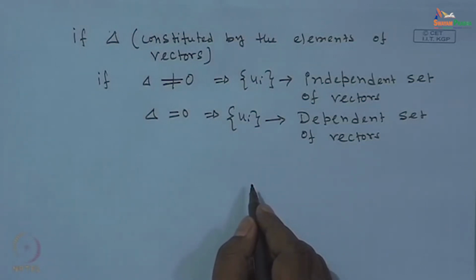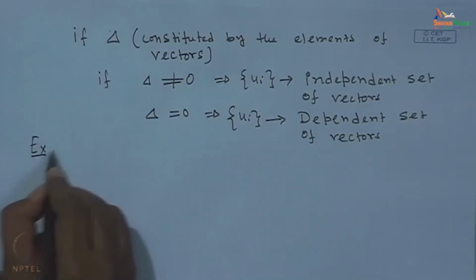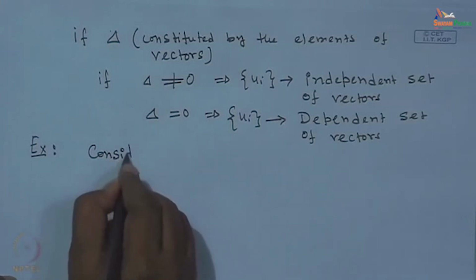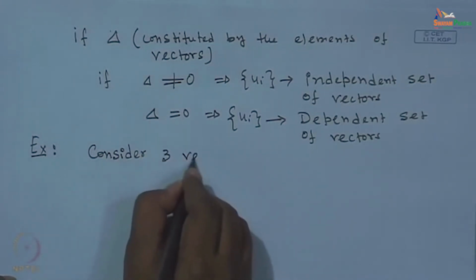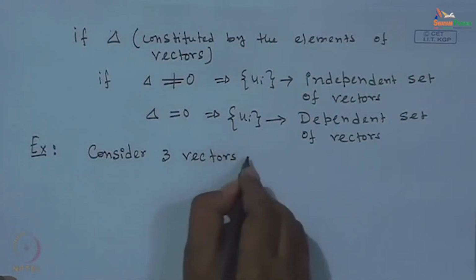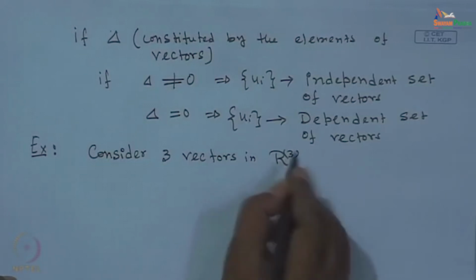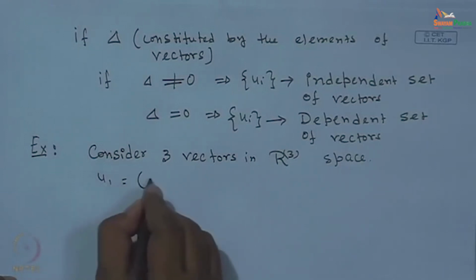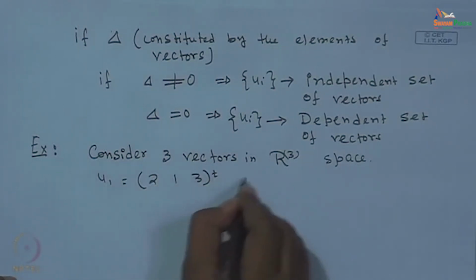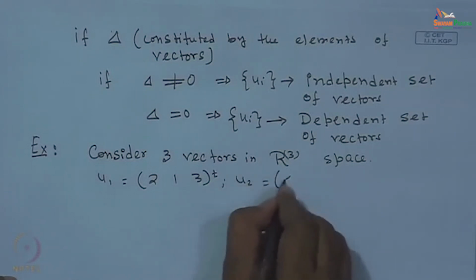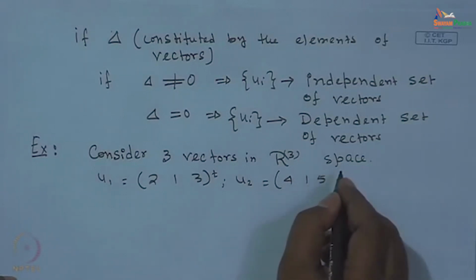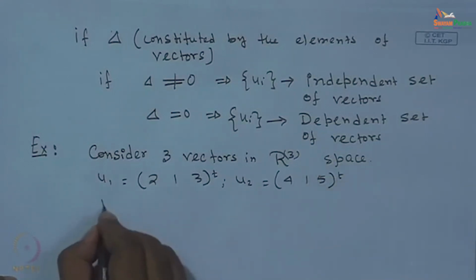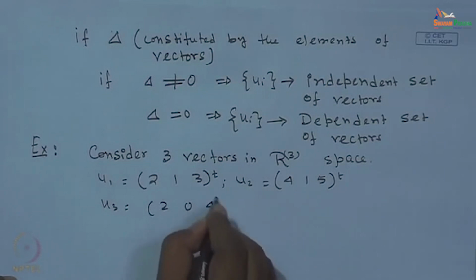Next example is again for the R3 space. These are U1 is [2, 1, 3] transpose, U2 is [4, 1, 5] transpose, and U3 is [2, 0, 4] transpose.